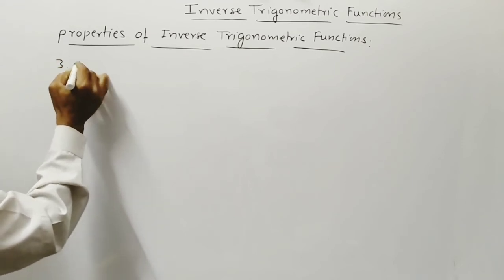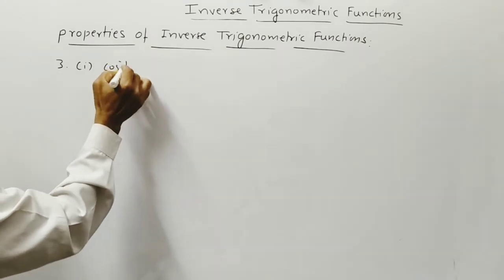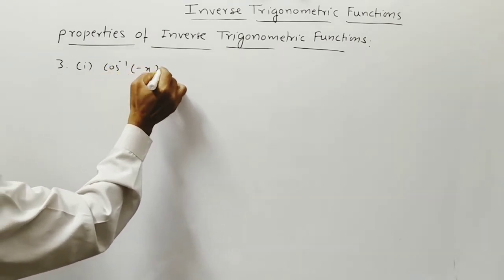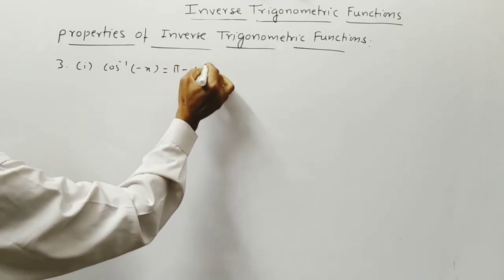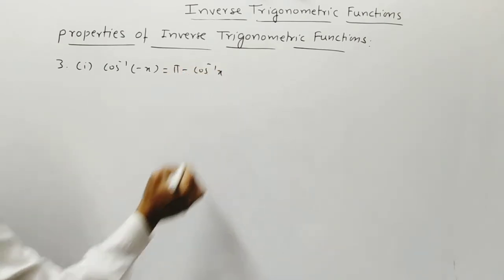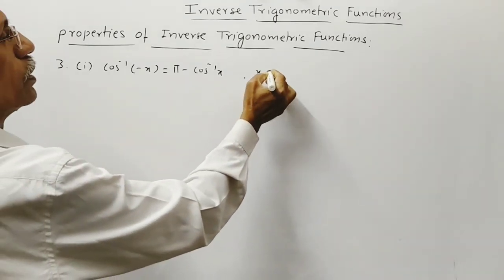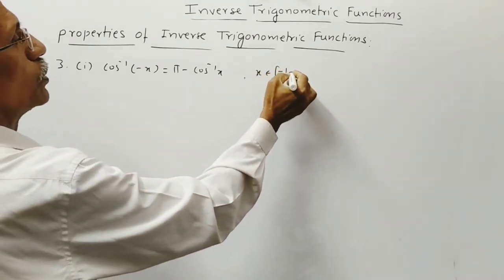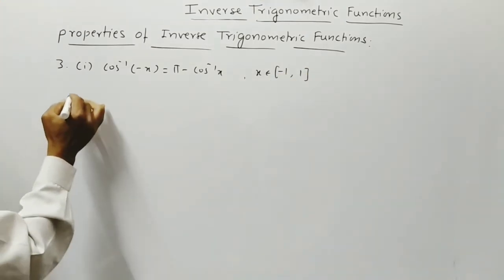Third set, in that first one is cos inverse of minus x is equal to pi minus cos inverse of x. X belongs to closed interval minus 1 to 1.